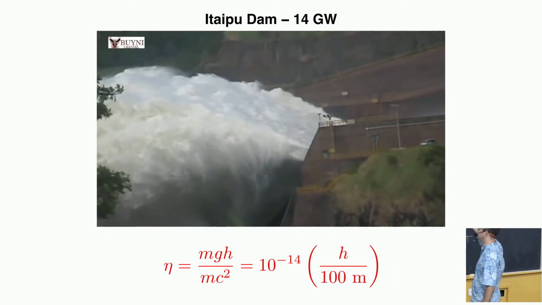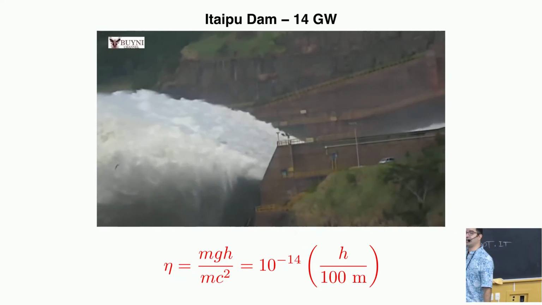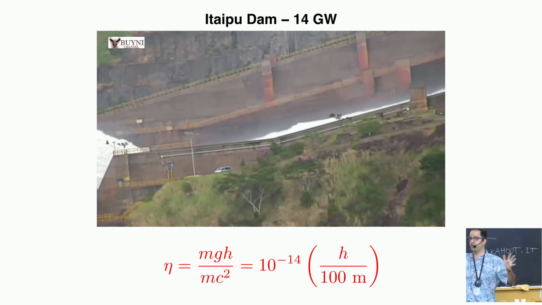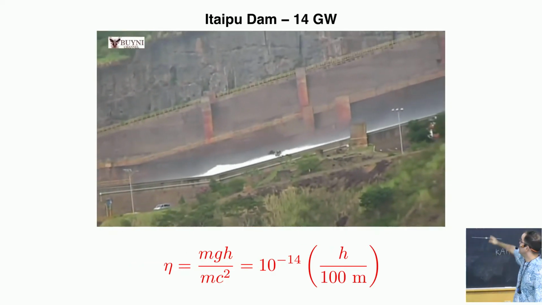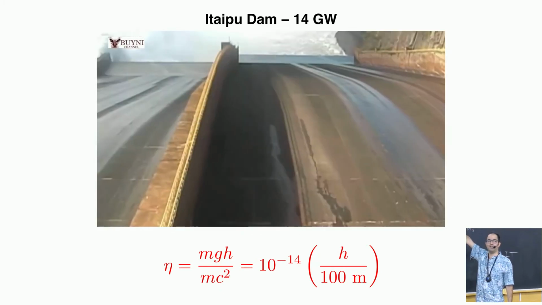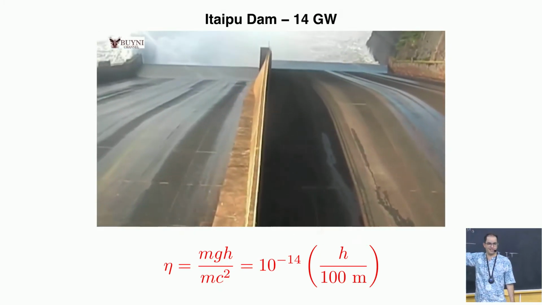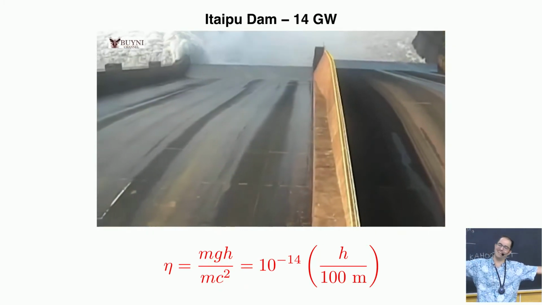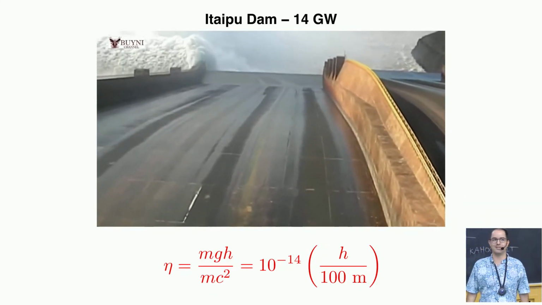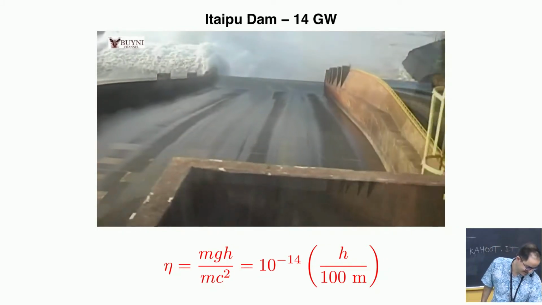You get a number which is 10 to the minus 14, which is 1,000 times less efficient than our biological engines walking here and thinking, okay? You can bump this up to around 100% efficiency if water falls close to the speed of light, if you have an Itaipu Dam with a height of close to the size of the solar system, I think.